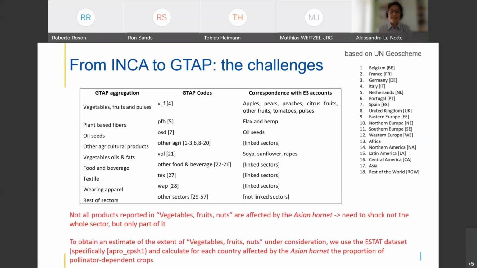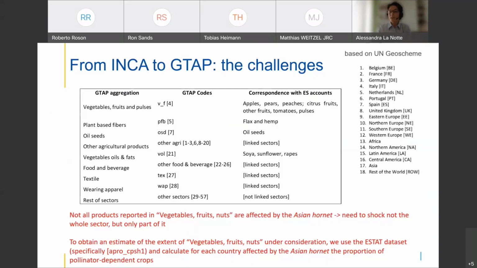Now, the problem is that, as you surely noticed, not all products reported in vegetables, fruits and nuts are affected by the Asian hornet. So there is the need to shock not the whole sector, but only part of it. In order to understand how much of the sector we need to shock, we went back to the Eurostat dataset and calculated the percentage of these crops compared to the whole group of vegetables, fruits and pulses.